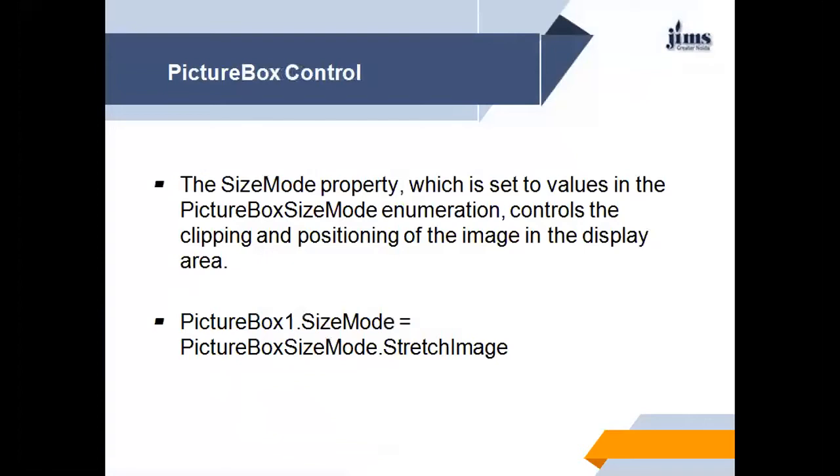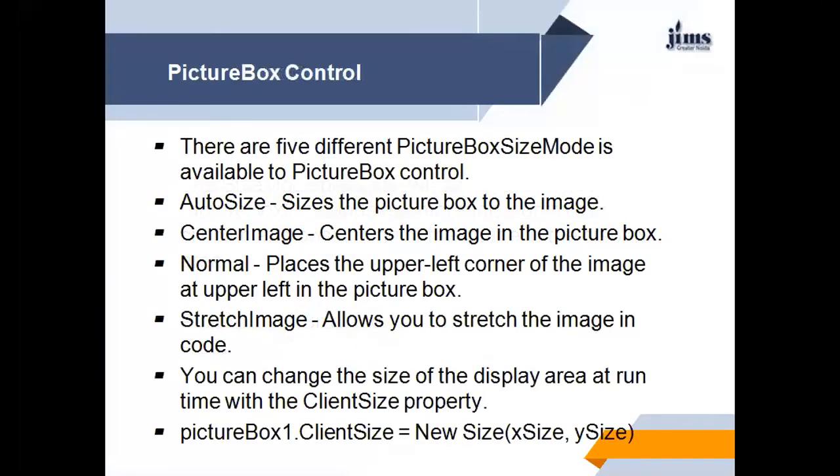The SizeMode property, which is set to values in the PictureBoxSizeMode enumeration, controls the clipping and positioning of the image in the display area. There are 5 different PictureBox size modes available to the picture box control. What are they?